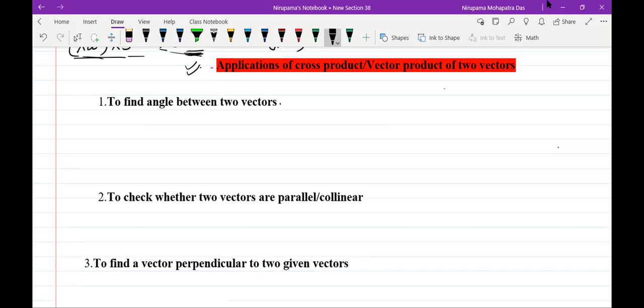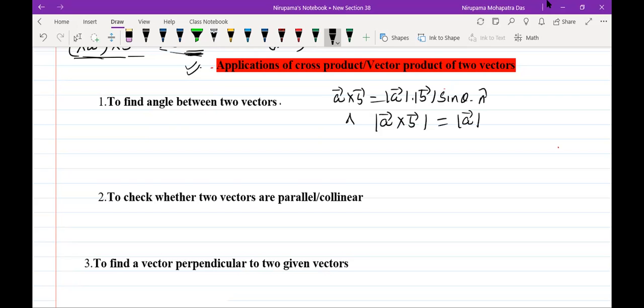Whenever you write A cross B, you get magnitude of A into magnitude of B into sine theta into n cap. And also we have studied magnitude of A cross B equals magnitude of A into magnitude of B into sine theta. So from this we can get the angle between two vectors.